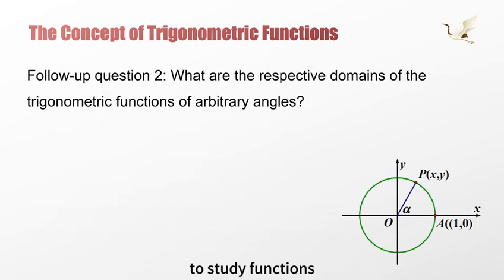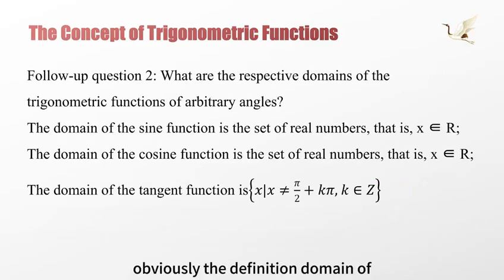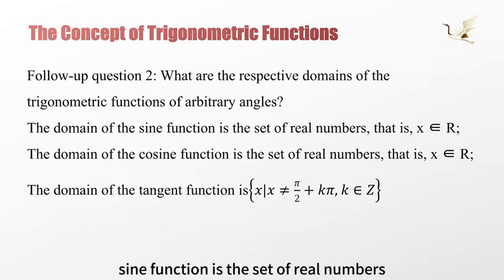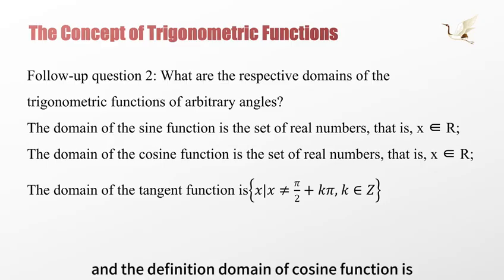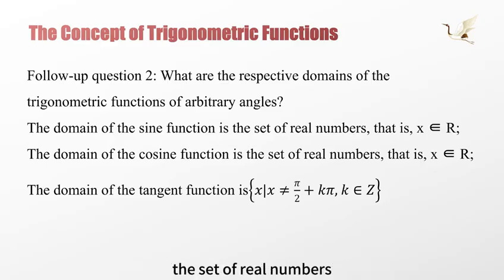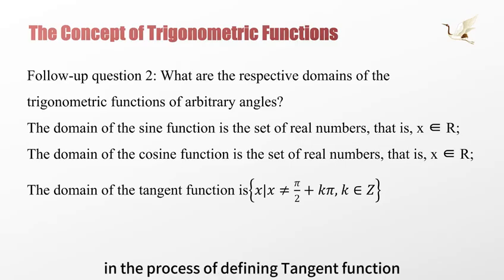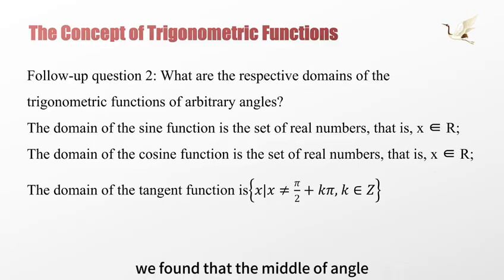To study functions, we should first study the domain of functions. So what are the domains of trigonometric functions with arbitrary angles? Obviously, the domain of the sine function is the set of real numbers, that is, x belongs to R, and the domain of the cosine function is also the set of real numbers, x belongs to R. In the process of defining the tangent function, we found that the terminal edge of angle alpha cannot be located on the y-axis.